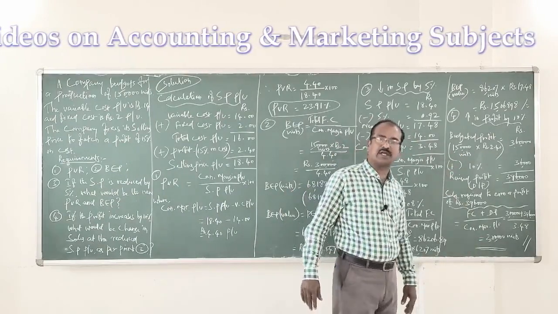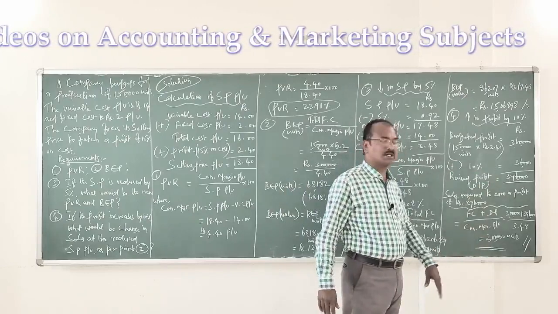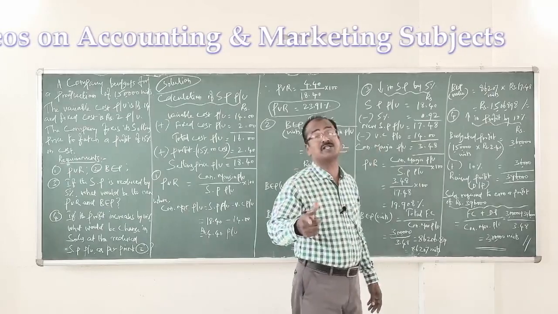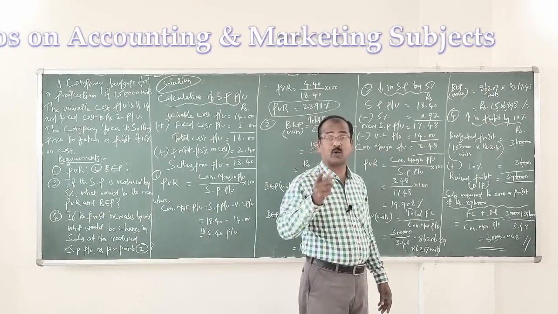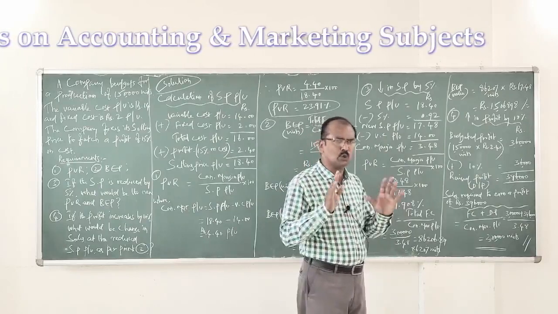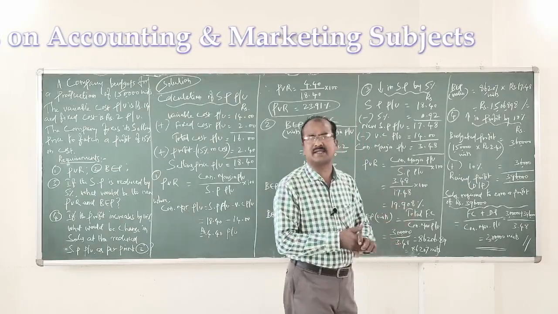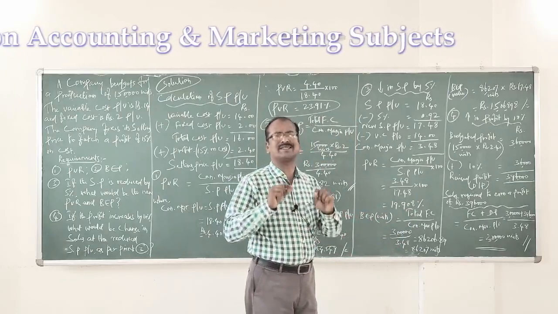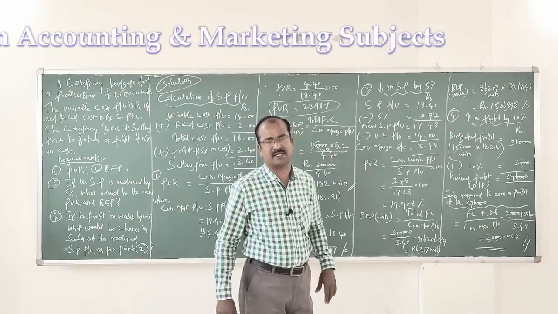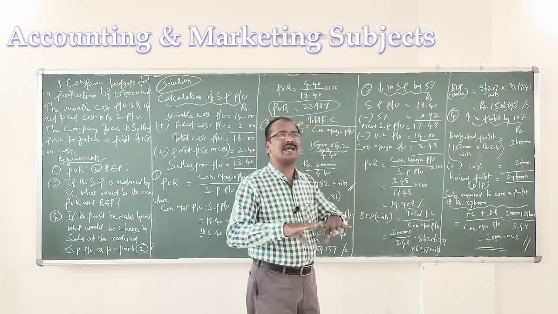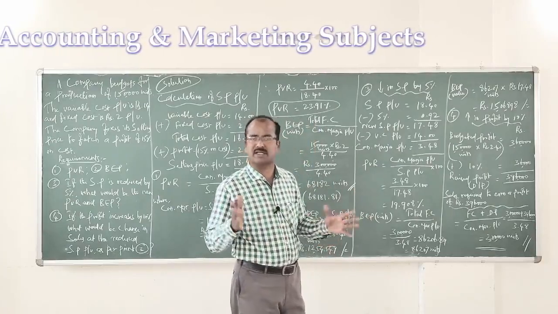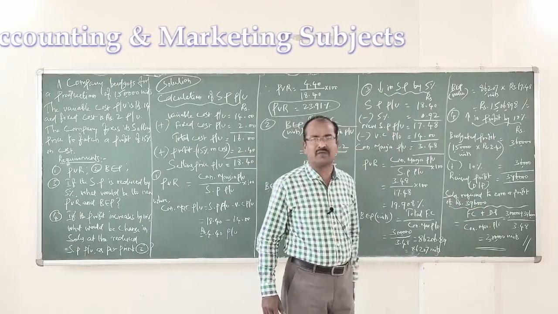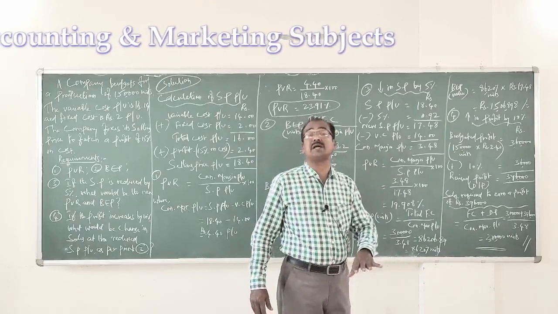Now you add 10% of that, it comes to 36,000. The total becomes 3,96,000 rupees. This is the revised profit as per requirement 4. To earn the 3,96,000 rupees, which could be the targeted profit or desired profit, what is the sales to be made by the concern? The formula for calculating sales required to earn a desired profit is nothing but total fixed cost plus desired profit, the whole divided by contribution margin per unit.